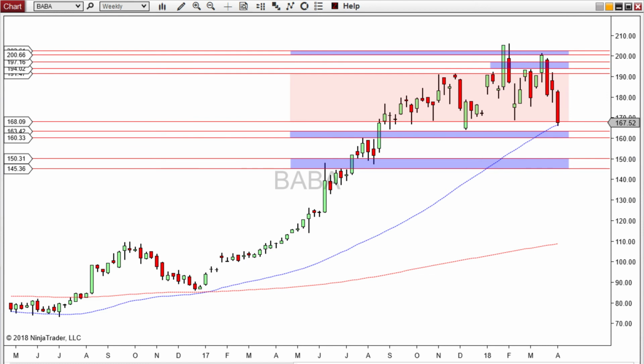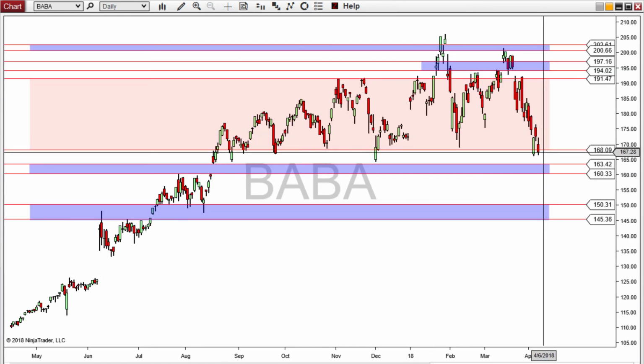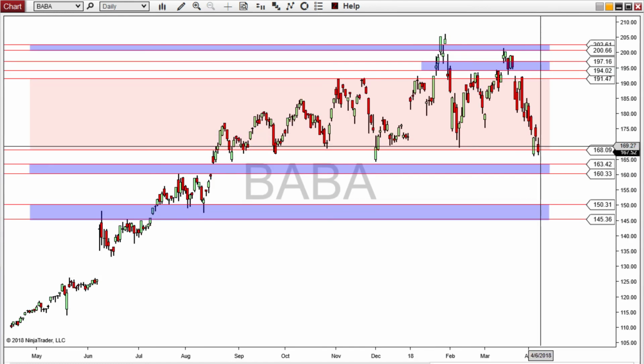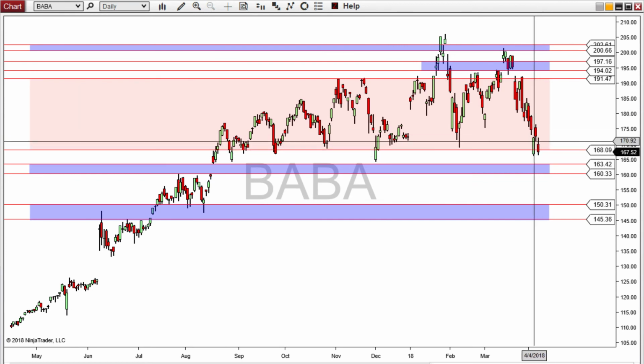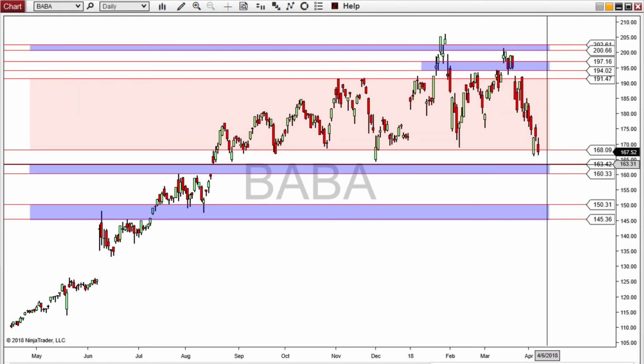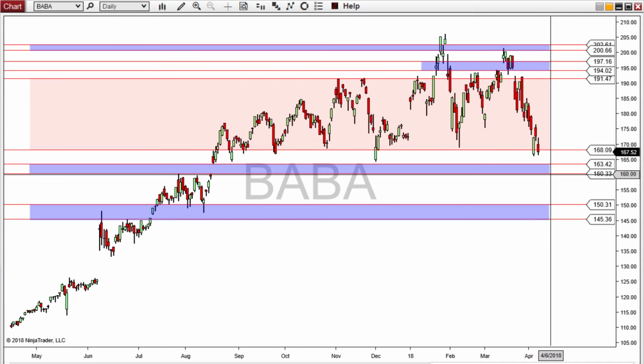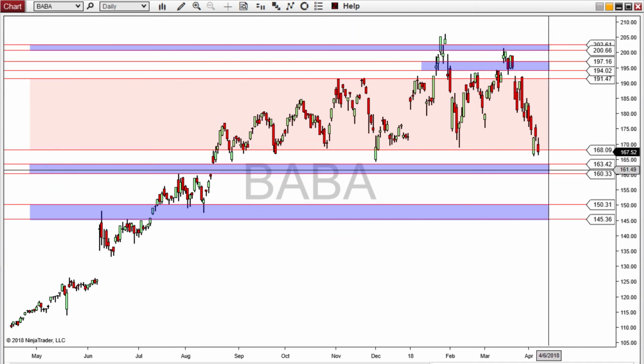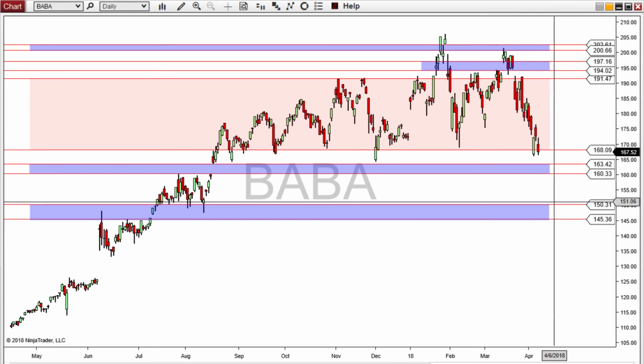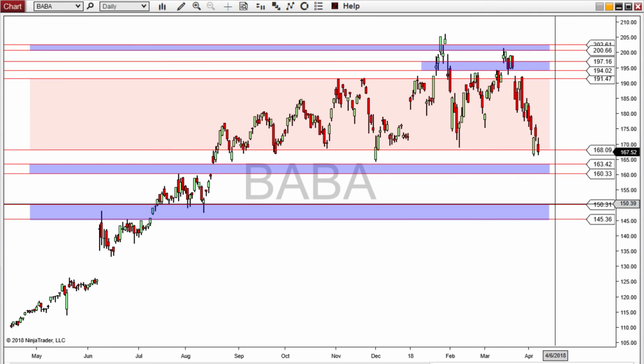Okay, so basically that's what I'm watching for: a break below, accentuating the breakdown from this band here, and getting into filling this gap, right? This 163, 160 gap, and moving itself down to test the 150 area.